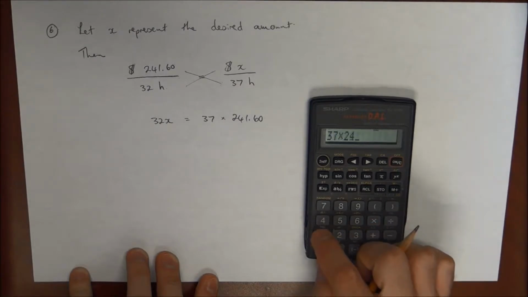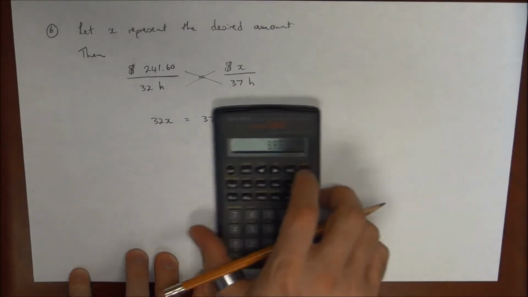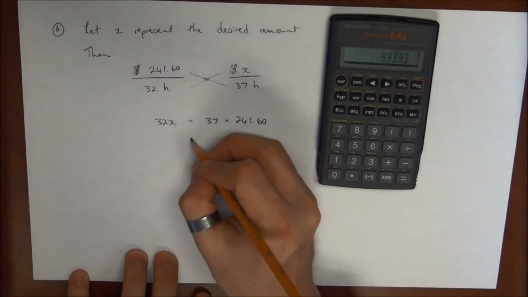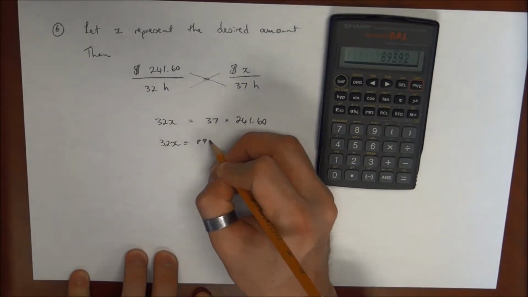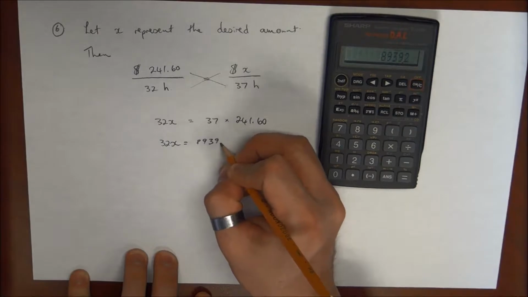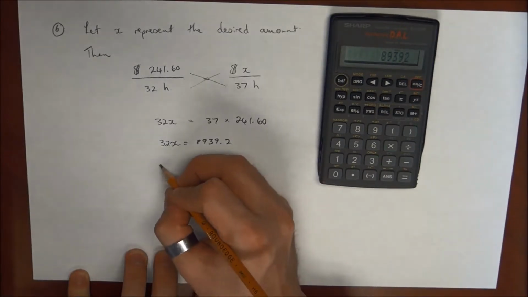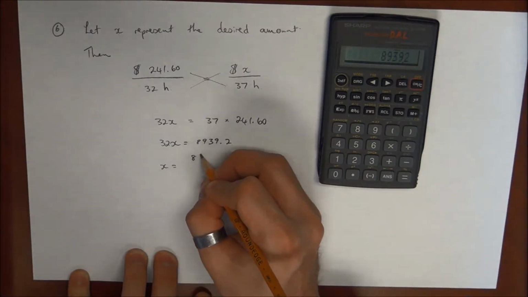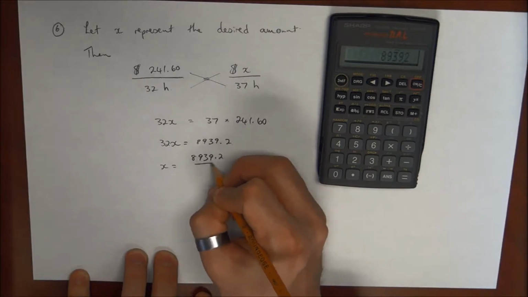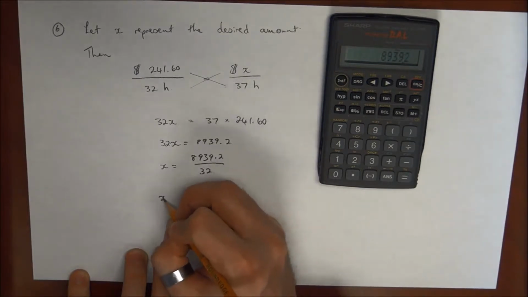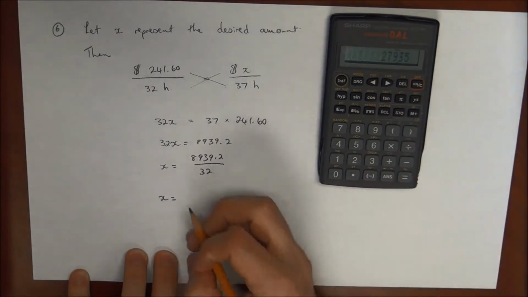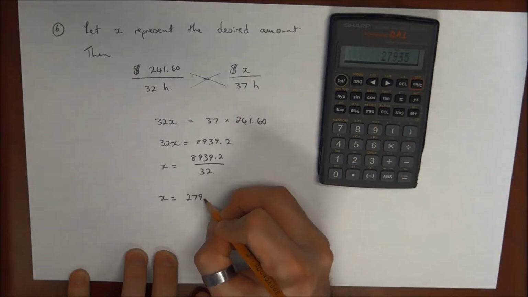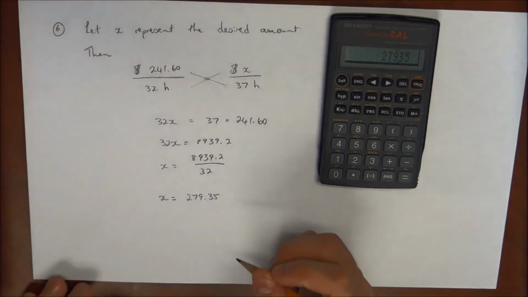37 times 241.6. That is 32x equals 8939.2. So x is equal to 8939.2 over 32. X is equal to 279.35 cents.